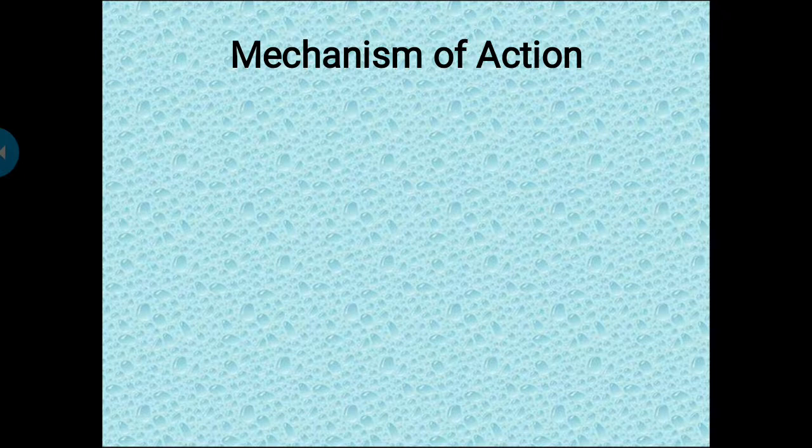If you recapitulate from the first class, there are 5 cell wall synthesis inhibitors: penicillin, cephalosporin, then vancomycin, then cycloserine, and then bacitracin. These are the commonly used cell wall synthesis inhibitors. Now how they act. So now look at the video.